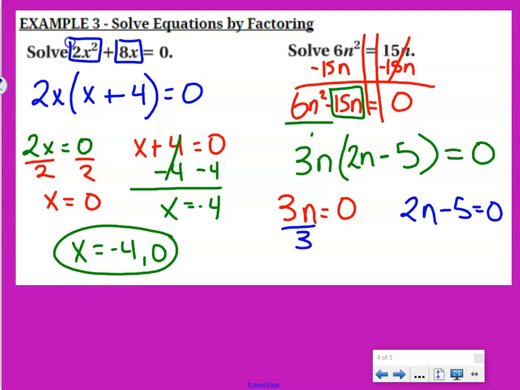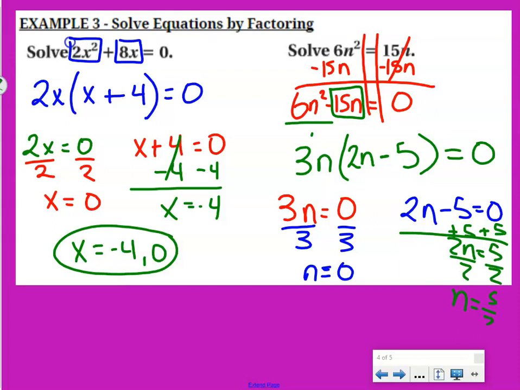Solve both equations: divide by 3, n equals 0, and add 5 to both sides, 2n equals 5, divide by 2, n equals 5 over 2. So our solution would be n equals 0, 5 over 2.